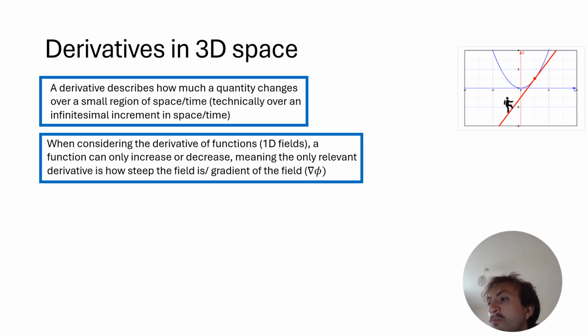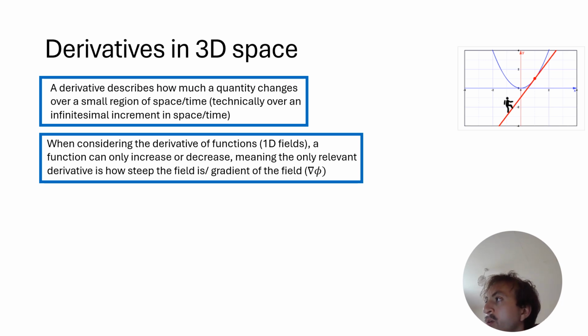But the next two types of derivatives we're going to look at won't apply to one-dimensional fields, but will apply to the electric and magnetic fields, because they exist across space-time, so when we give them an input, a position in space, we get an output with three components: the field along the x-axis, the y-axis, and the z-axis.